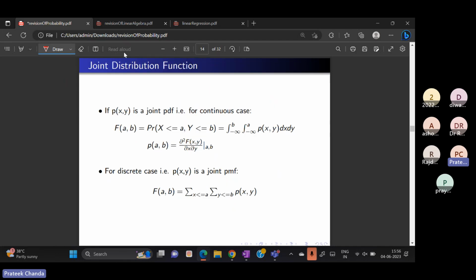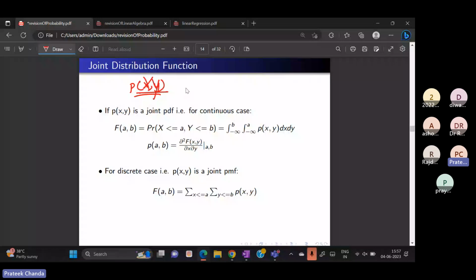And again, we have a similar notion for joint distribution. Let's say I have two variables, and I define a probability over two variables, capital X and capital Y. Let's say I want to calculate the cumulative distribution such that X is less than or equal to A and Y is less than or equal to B, so it's a joint.